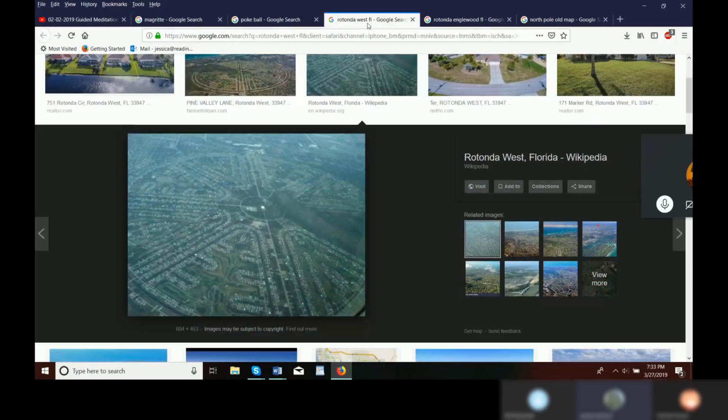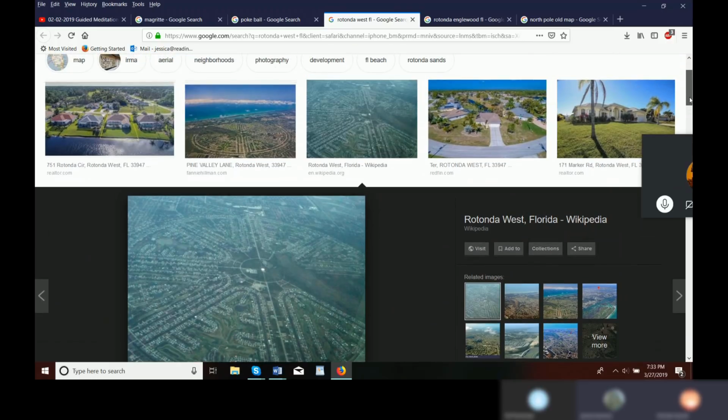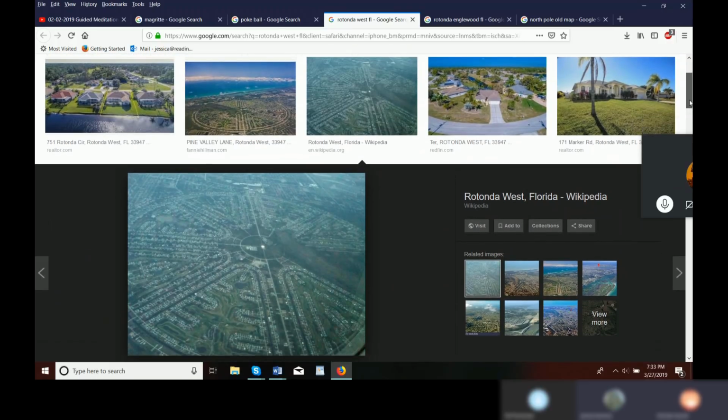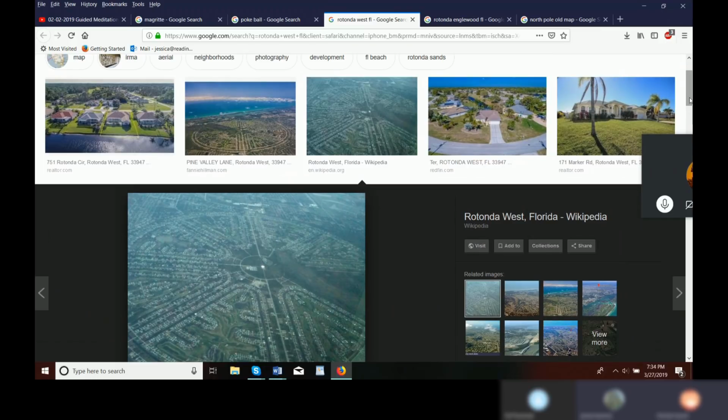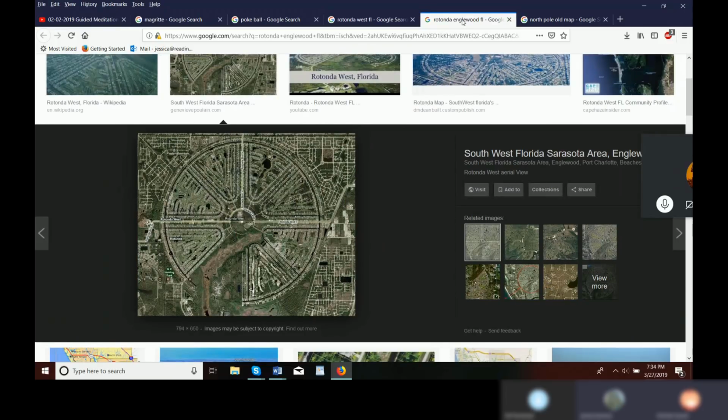And I thought this was also interesting, an area that you shared with us that's in Florida. Yeah, it's maybe 40 minutes south of me, and there are a lot of gated communities here, but this one is definitely something different. It looks almost like a motherboard, a circuit.